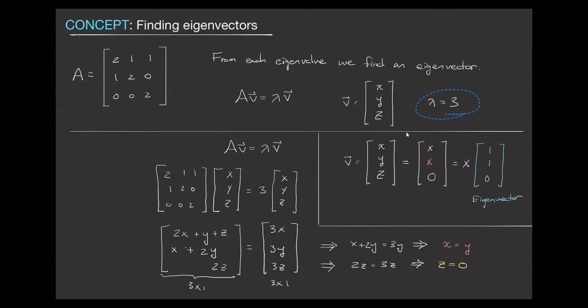It doesn't matter for the sake of the correctness of the solution. So we go through this process, we find equations that give us relationships between the different variables so that we can write it in terms of one variable, factor that variable out, and what we're left with is an eigenvector.